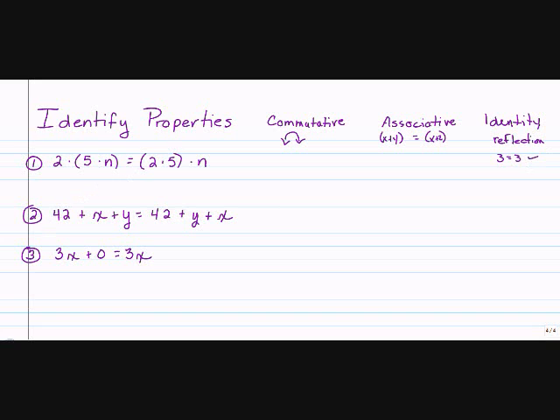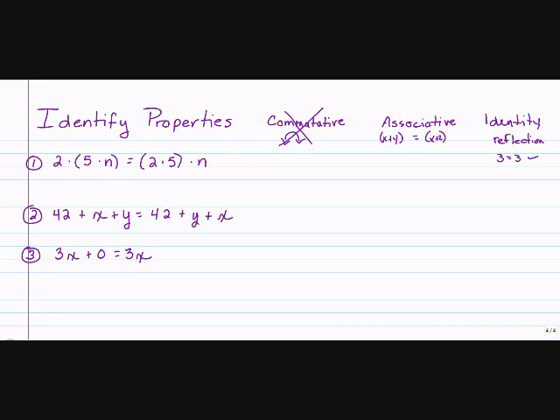Okay, let's take a look here. I'm going to highlight certain parts. My first one is 2 times the product of 5 times n equals the product of 2 times 5 times n. First thing I want to do is check the order. I have a 2 times a 5 times an n. I know it's not commutative because nothing switched.